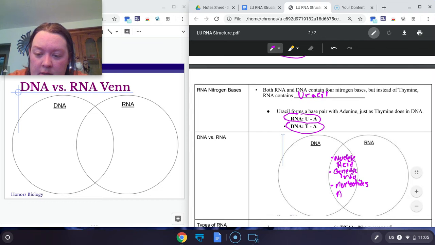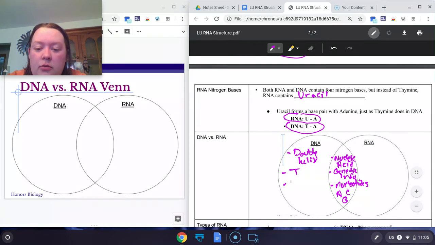They have the bases A, C, and G in common. DNA, however, is a double helix. It contains the base thymine.